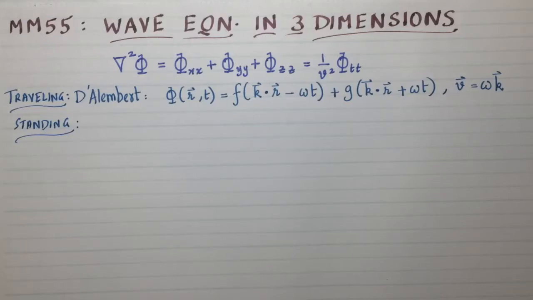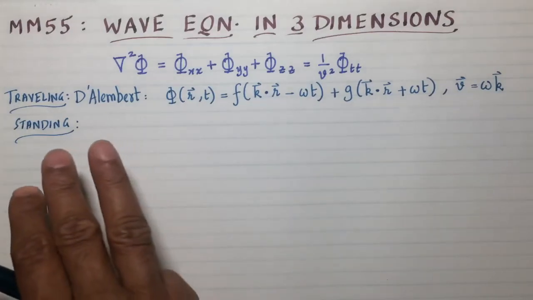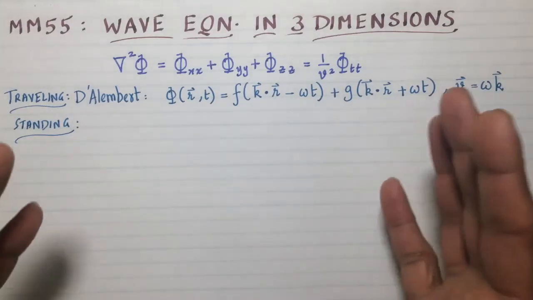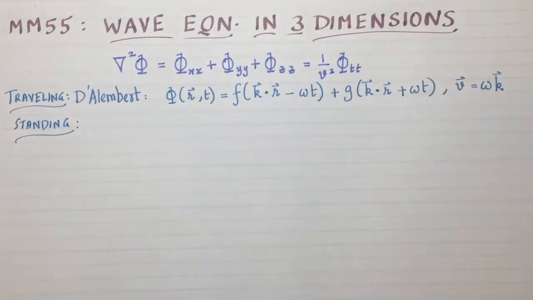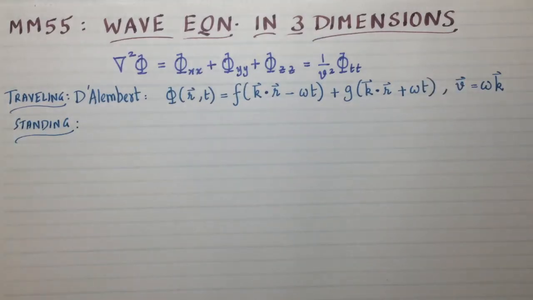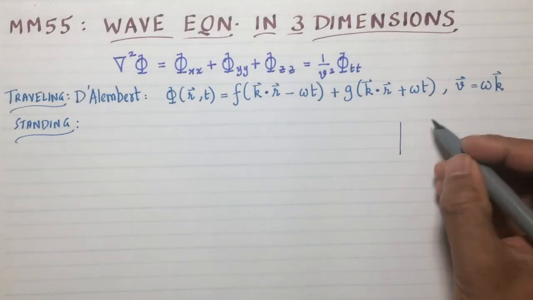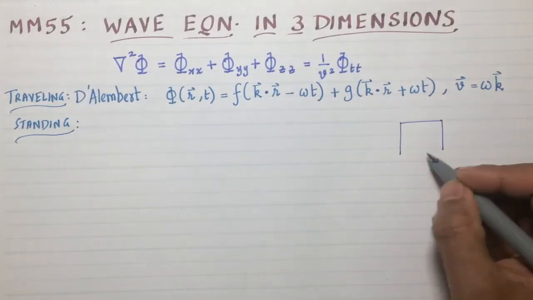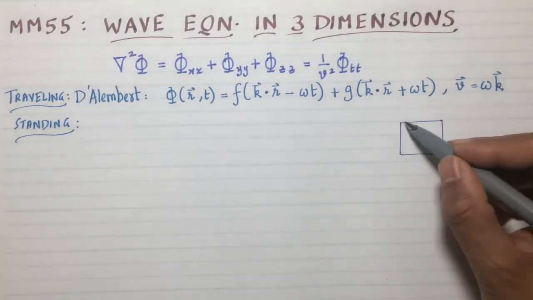So standing waves can be found by having the waves put in a certain confined space. So we'll look at a wave that can be packed into a box. These boundary conditions are called box boundary conditions.